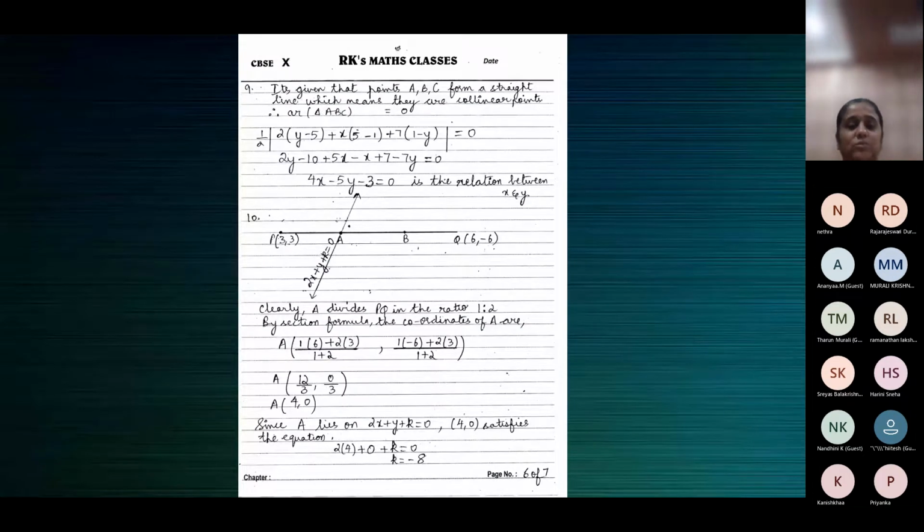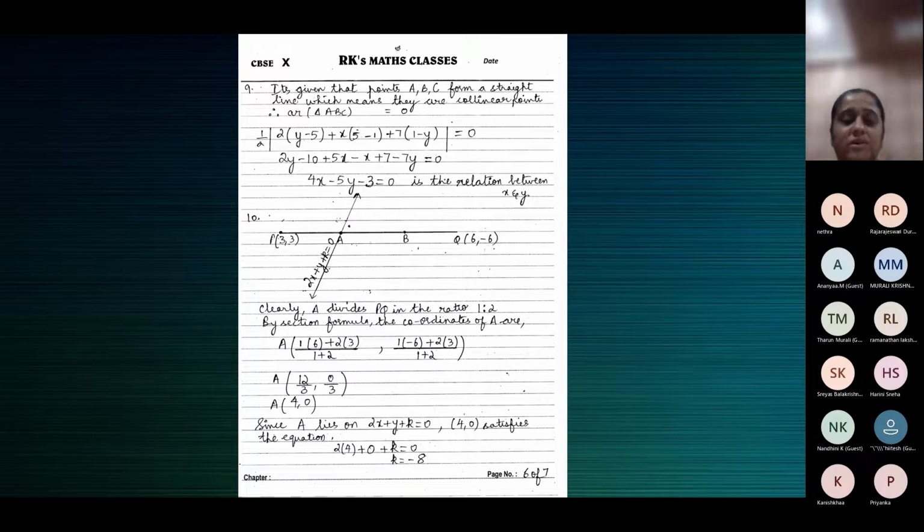You can see it below. 10th one. The ratio is 1 is to 2. A divides P in the ratio 1 is to 2.